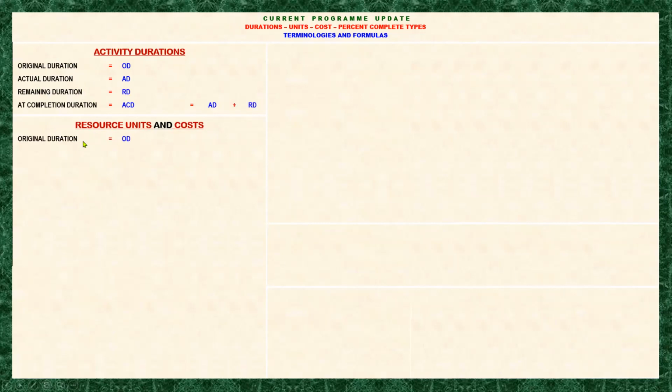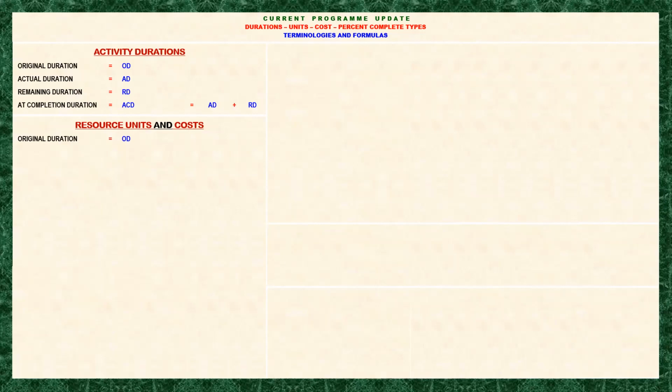As I explained earlier, the duration of the resource may not always be equal to the duration of the activity, because there are some resources that will be used only for a short period of time within the duration of the activity.